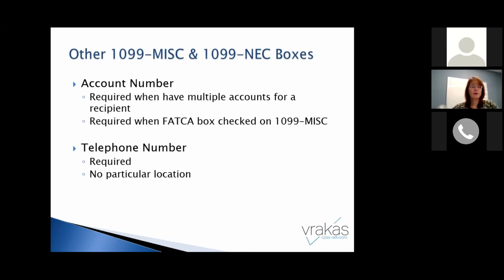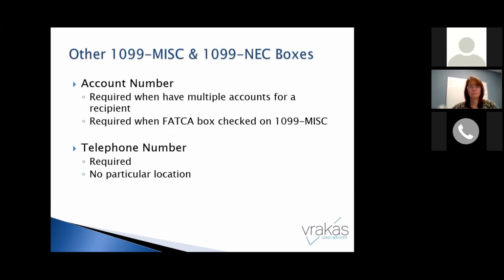A telephone number, on the other hand, is required. Most people put it within the address box of the payor. So if I'm issuing a 1099 to Joe Smith, I'm going to include my name, address, telephone number, and contact information so that if Joe Smith has questions, he knows who to contact.